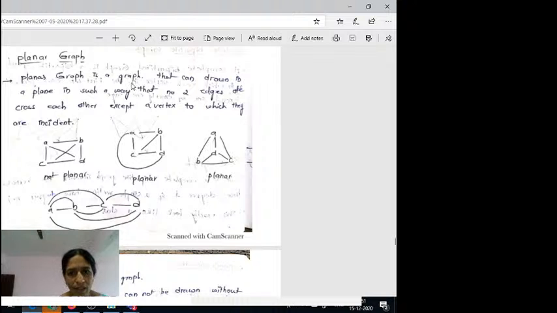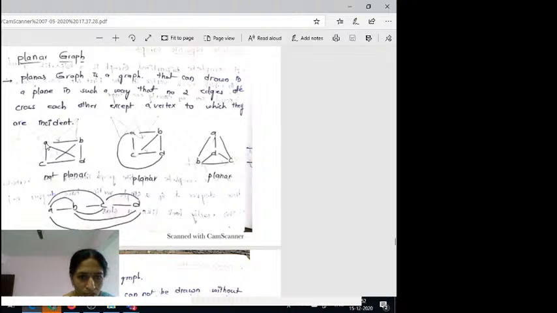A planar graph is a graph that can be drawn in a plane in such a way that no two edges cross each other, except at a vertex to which they are incident. There are no crossovers.